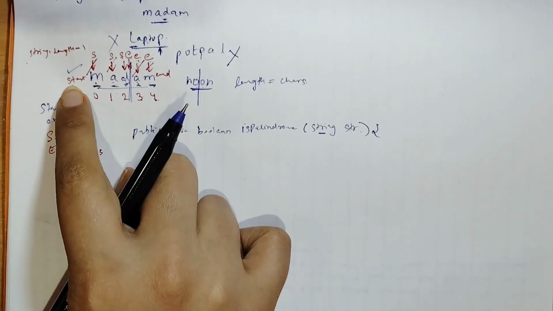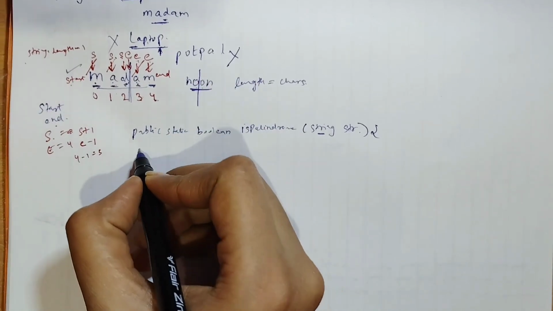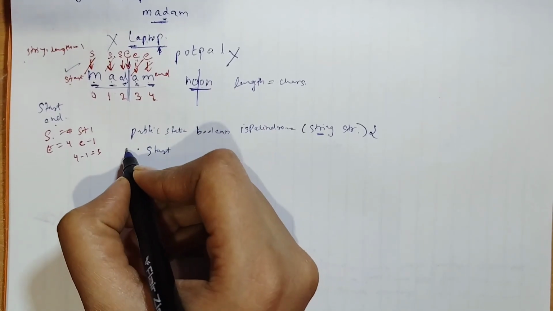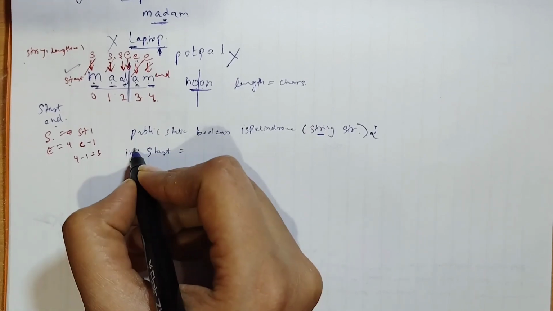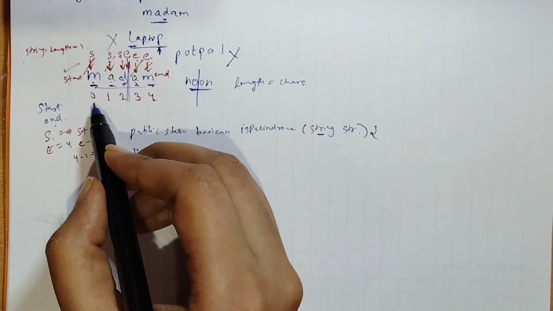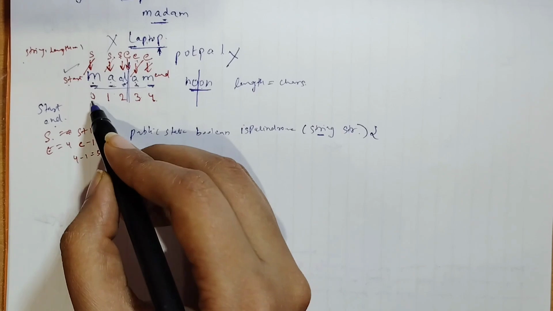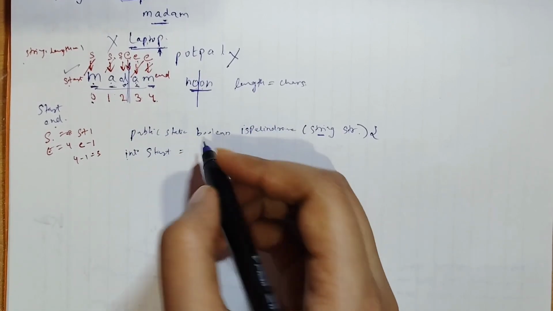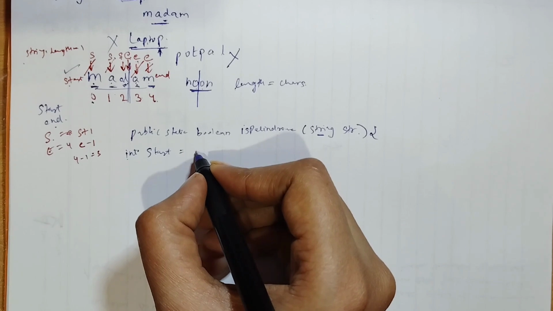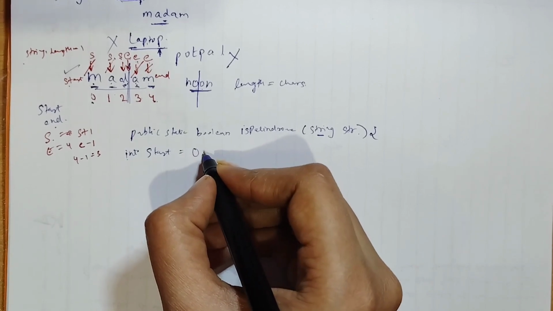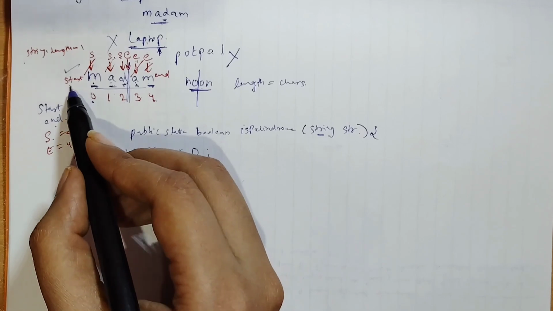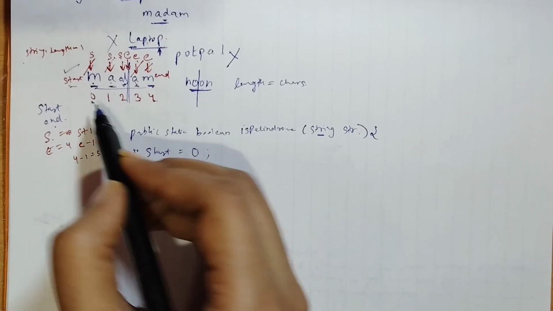So we took two pointers, start and end, and we have to define them here. First is start and its type is int, because it defines an index number, that's why its type is int, meaning integer type of variable. We are initializing it with 0 because at the initial point the start pointer will be at index 0.